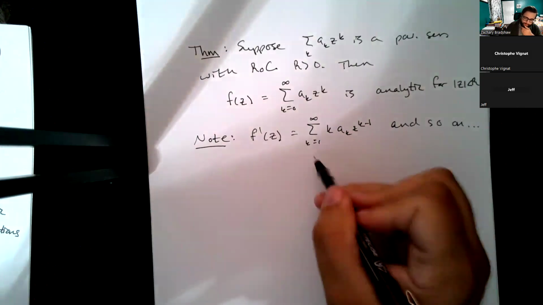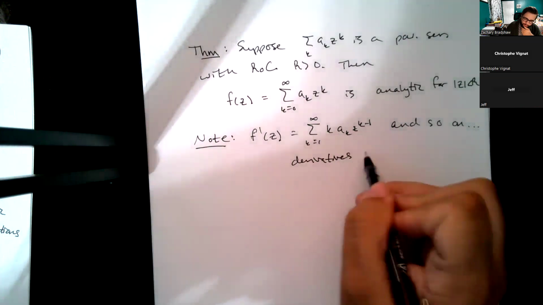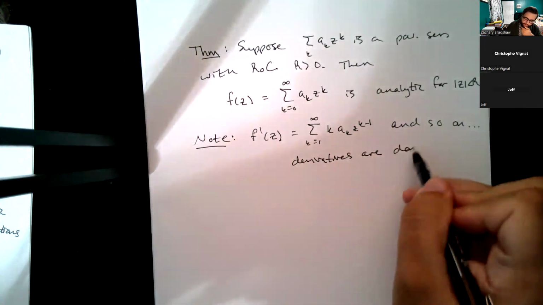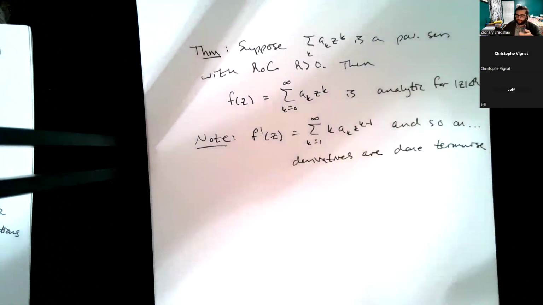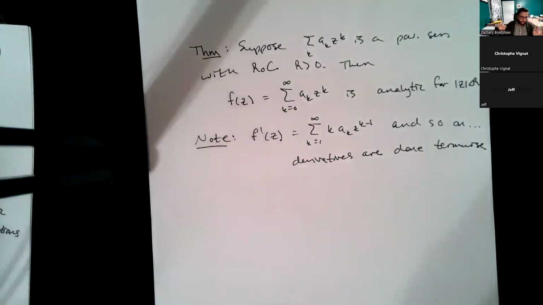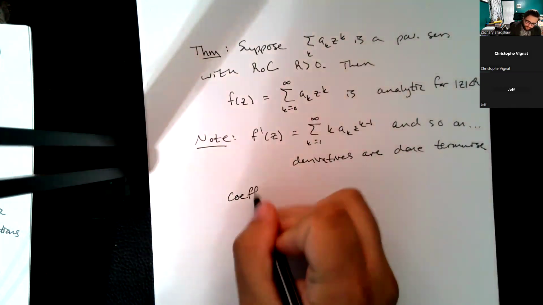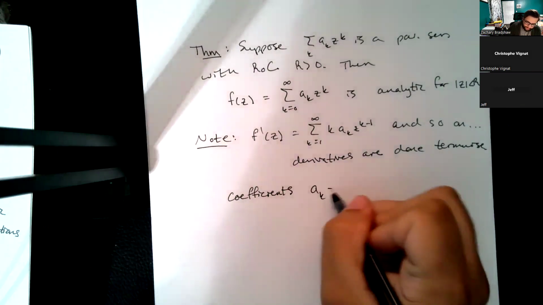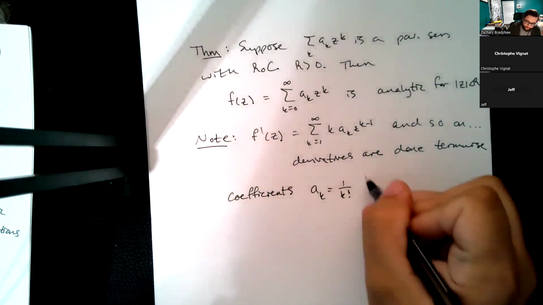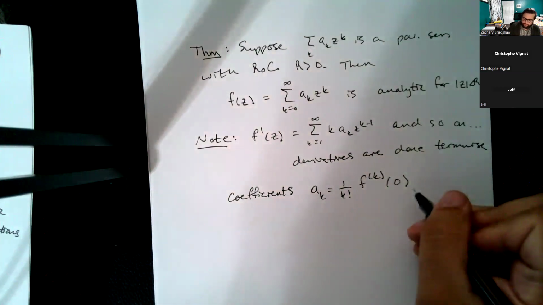What I mean by that is derivatives are done term-wise. The way you're used to differentiating power series still works. The coefficients are given again by 1 over k factorial times the kth derivative evaluated at 0.